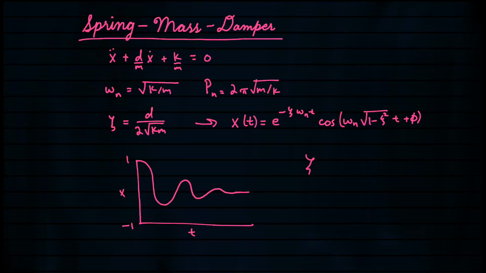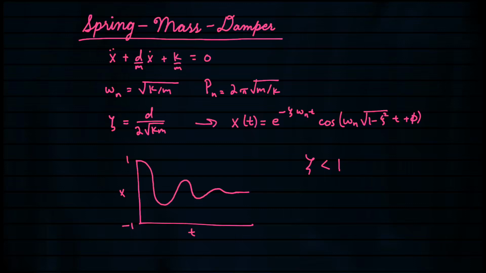So this has to be less than 1, though. The reason is that you'll see the square root of 1 minus z squared, and so therefore the equation will no longer be valid because it'll be negative. Essentially, when the damping factor becomes large, the motion is damped out before any oscillation takes place.